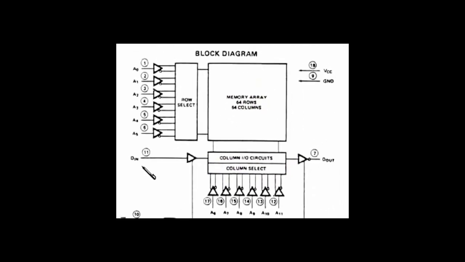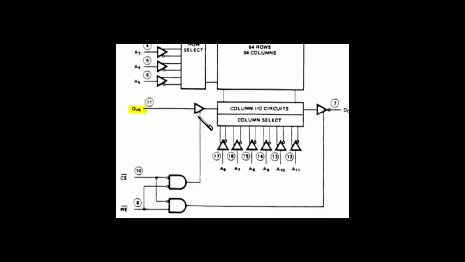Now the data in. The data in will come in if we have a high on the enable on this buffer, and we get that high from an AND, which is looking for a low and a low. Well, if you're doing a chip select and you have a low WE, then we're doing a write command, and that's why this is enabled, and the data will pass in to the column input-output circuits.